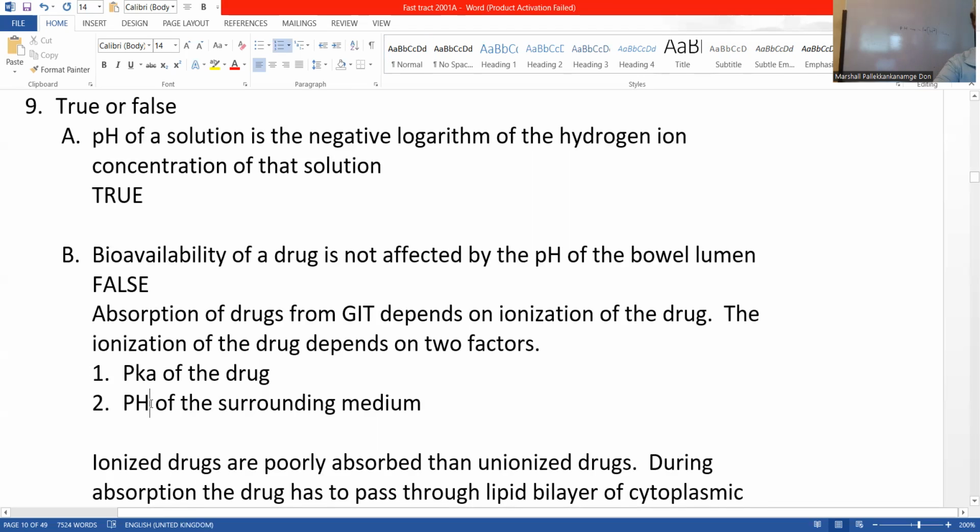One is related to the structure of the drug. The next part is the pH of the surrounding medium.